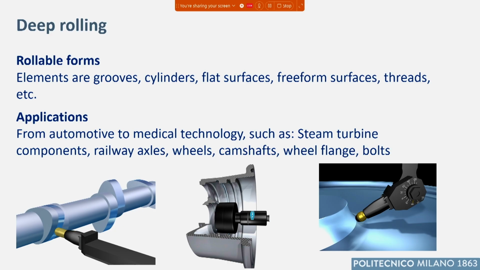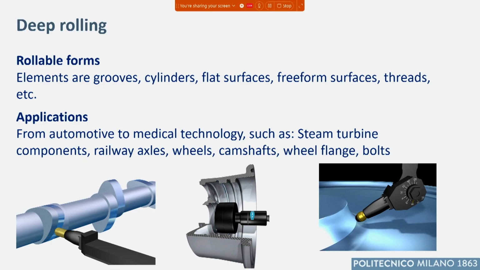Here is an example of burnishing. In this way, by burnishing, we are able to treat also not easy surfaces, such as grooves, cylinders, and threads, and so on. And the applications are quite wide.